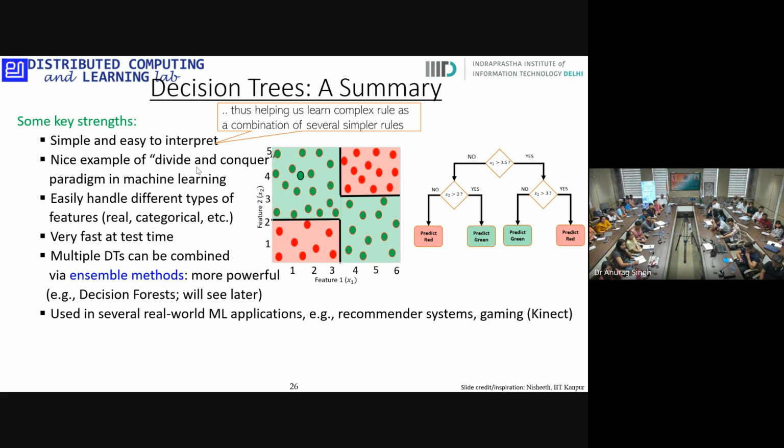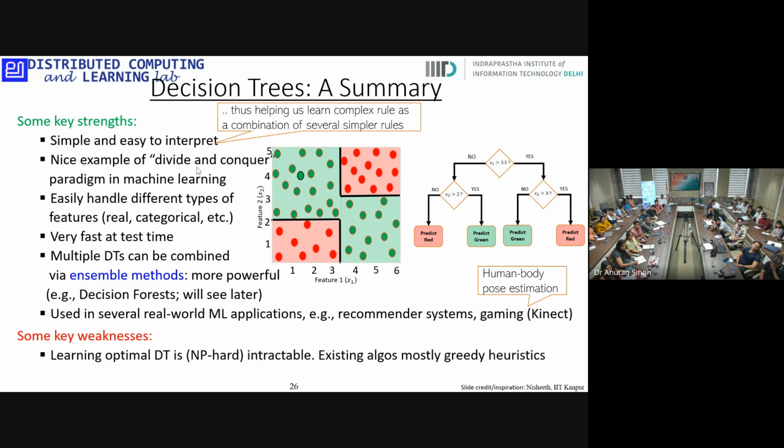That is a decision forest: you make an ensemble of many decision trees, and that gives you a decision forest. It is used in several real-world ML applications, recommender systems, gaming, Kinect, if you have used it, where decision trees are under the hood, and human body pose estimation.